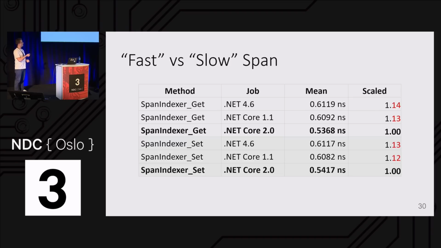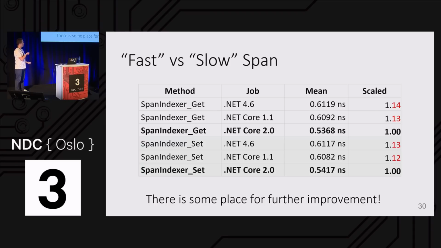And as you can see, the difference is not really huge. It's from 12 to 13% slower. So it means that you don't need to exclude span for the existing runtimes in terms of performance, because it's just very fast. And one very important note, there is some place for further improvements.